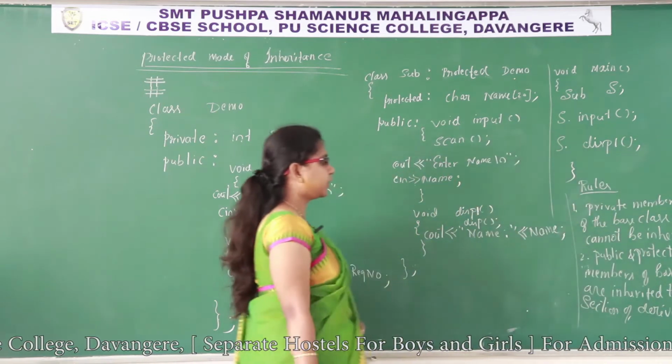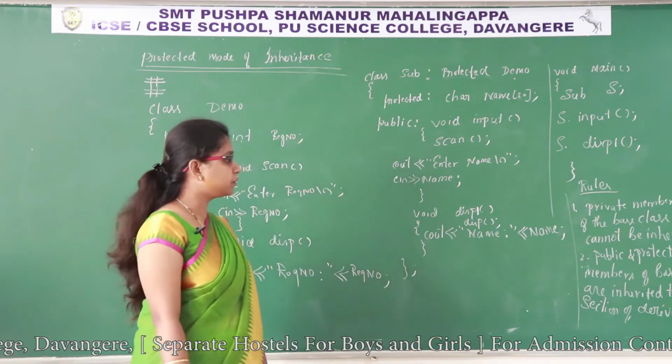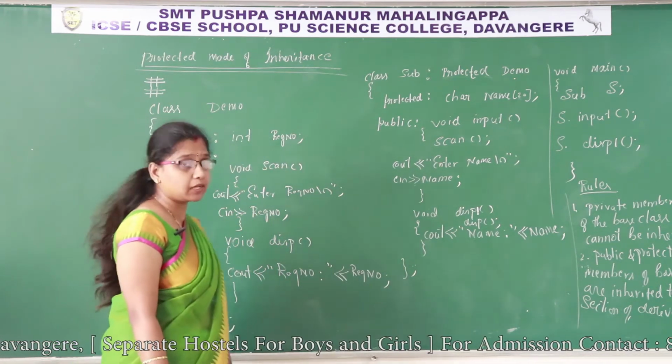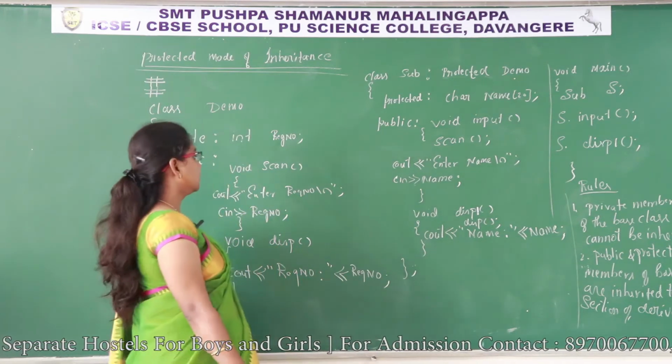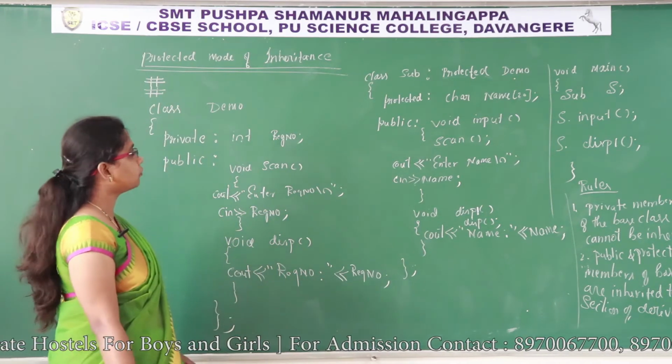Or in other words, what you can write, public and protected members of the base class become protected members of the derived class. Clear? So this is about the protected mode of inheritance.